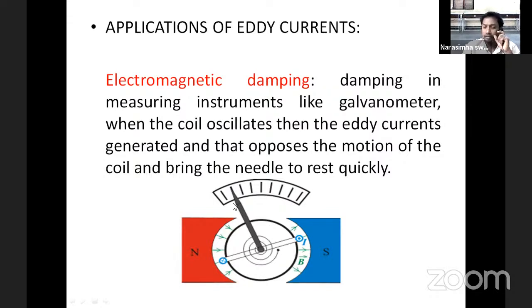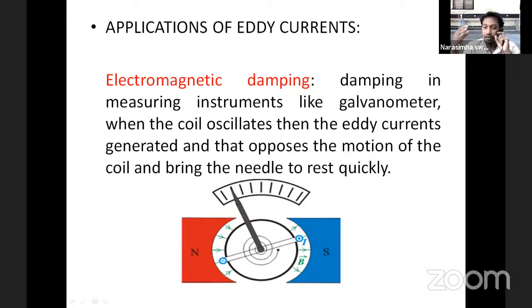But it should come to rest immediately. For example, it is a galvanometer. When current flows through the circuit, it shows some deflection. That deflection should stop exactly, meaning the needle should stop at a particular point. Otherwise, it continuously oscillates.